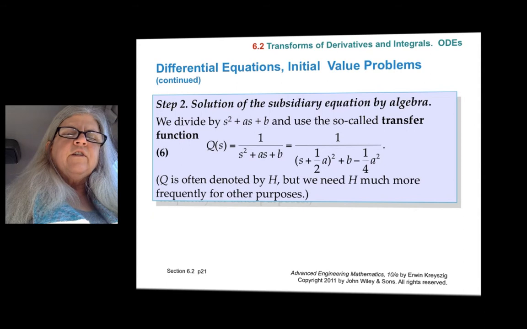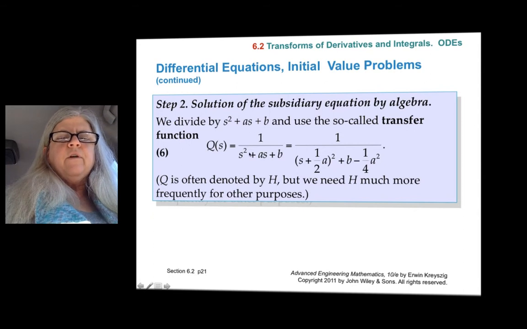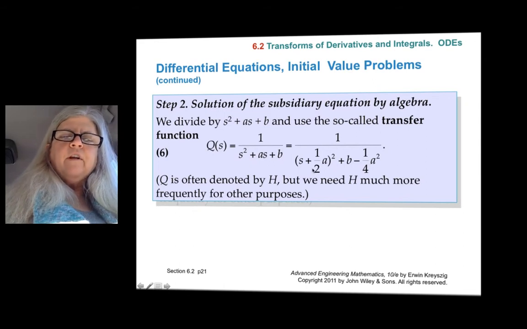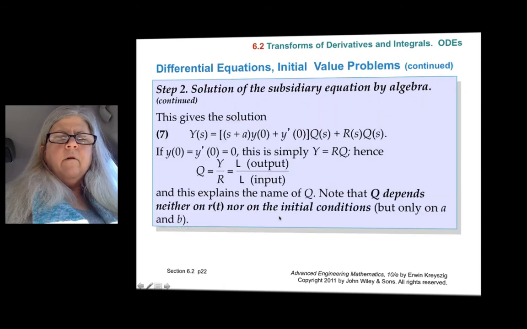This is just an example of what you would do if you had a constant 1 here over this denominator. What's being done here is they're completing the square so that you can get this into a generalized expression. And then when you do that, here's our solution for Y of s.